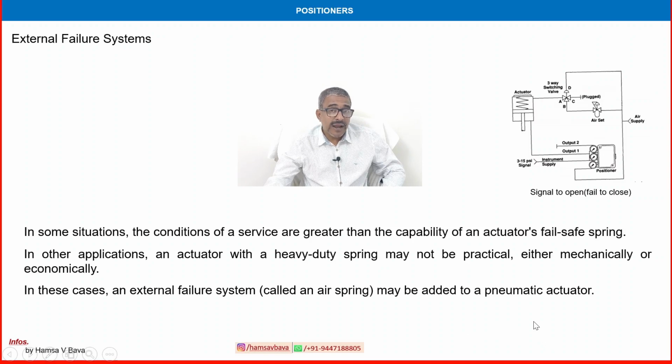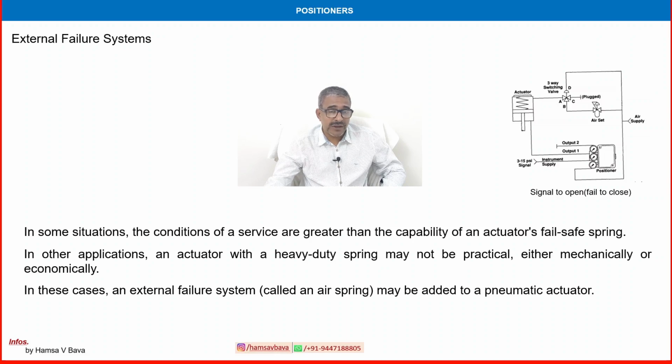Solenoids are sometimes connected with the electrical system, and that electrical system is connected to the ESD. So when the ESD, the emergency shutdown system, is activated, electrical power failure takes place and electrical power to the solenoid is cut.